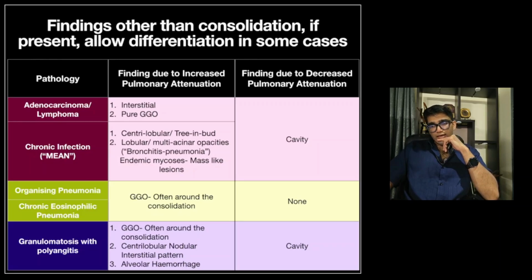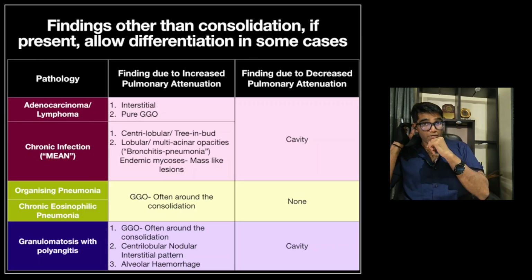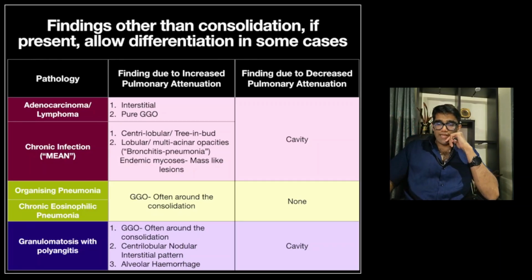Okay. On the other hand, we could also have decreased pulmonary attenuation. So that would technically be a cavity. And we'll discuss how to differentiate between a malignant cavity and a non-malignant cavity subsequently. Now, both organizing pneumonia and chronic eosinophilic pneumonia have GGOs, often around the consolidation or sometimes surrounded by the consolidation.